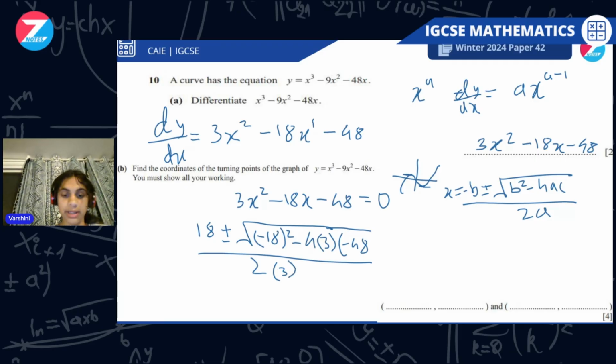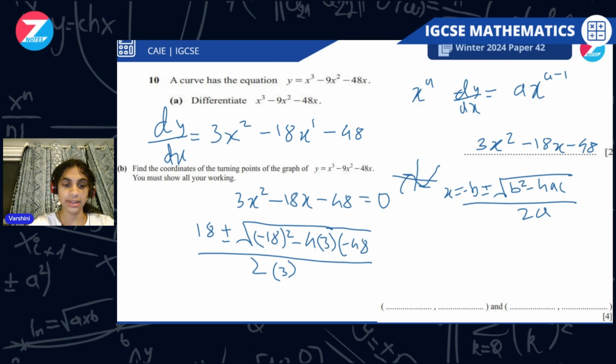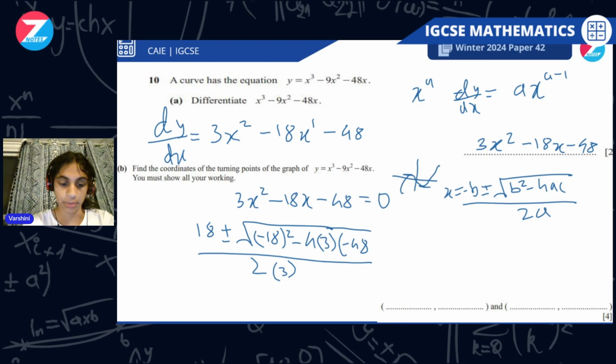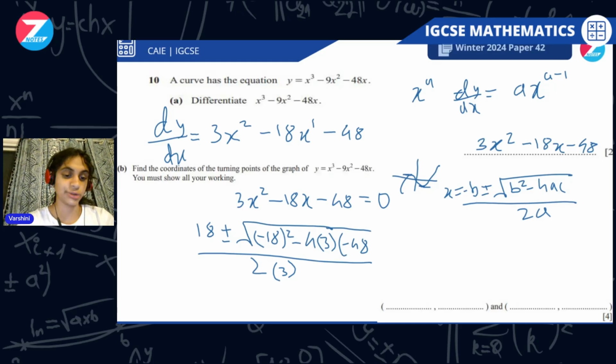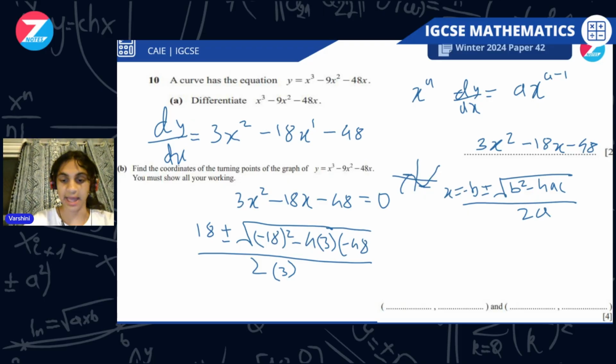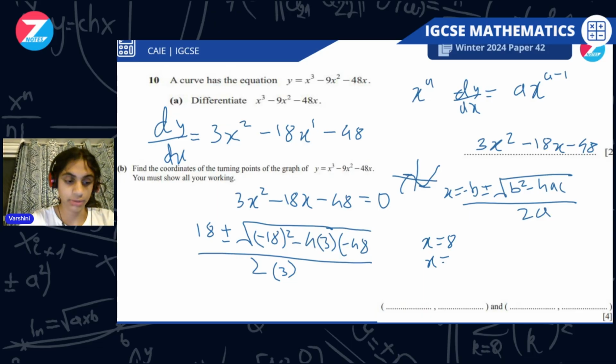Now we can put this in our calculator, or in quadratic mode. When you're putting this in your calculator, don't forget to do plus and minus separately because they'll give you two different answers. So we'll get x as 8 and x as minus 2.